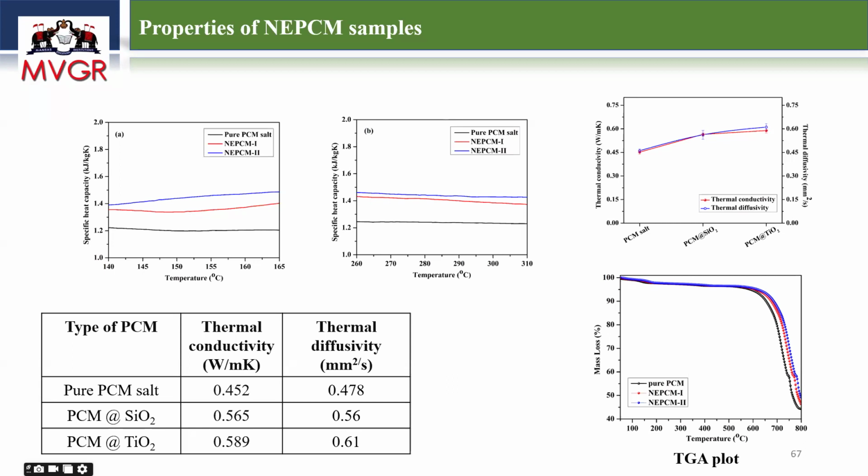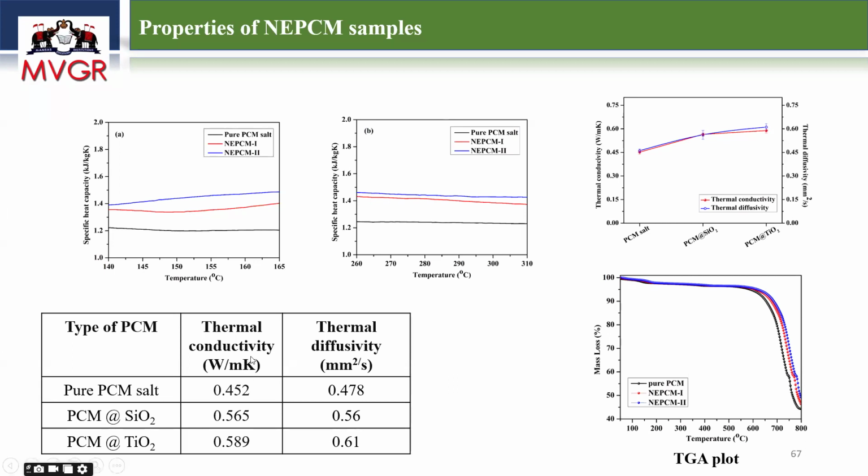It is still in the solid state only. So that is actually sensible heat. That sensible heat mainly depends on the specific heat capacity value that we already discussed earlier. If the Cp value is more, my sensible heat storage capacity also improves. If the latent heat value is more, then more latent heat is stored. So altogether we can have more energy storage capability.